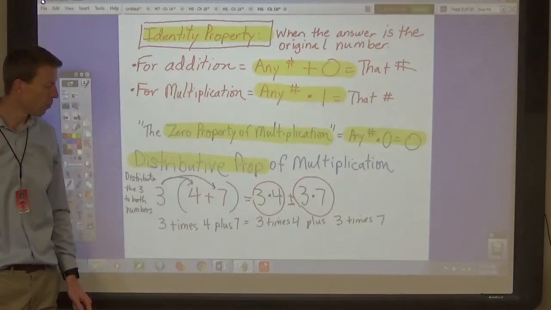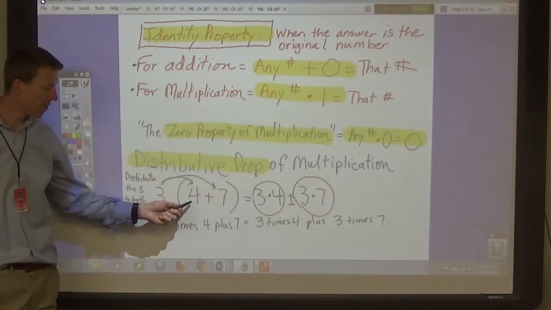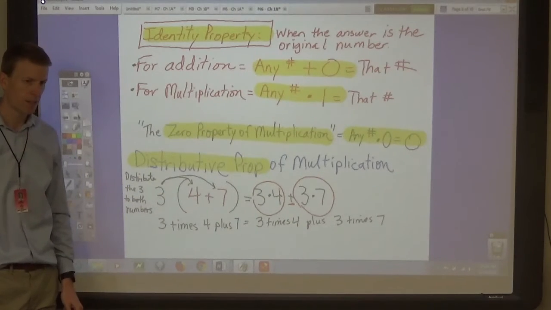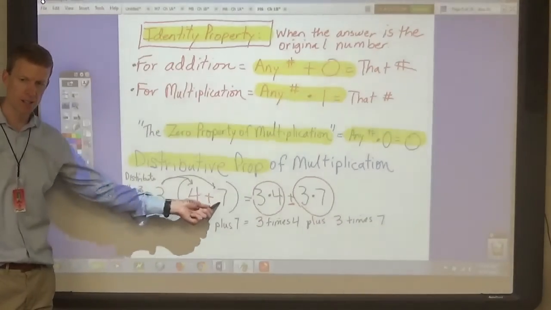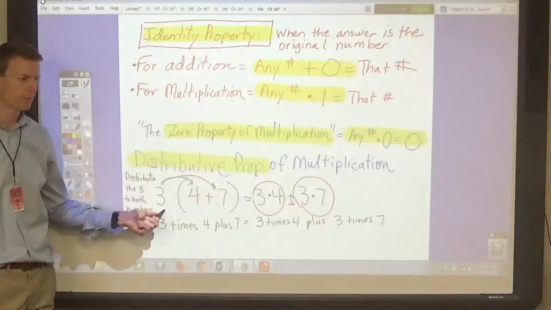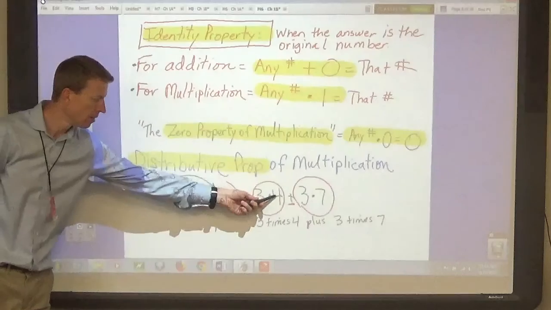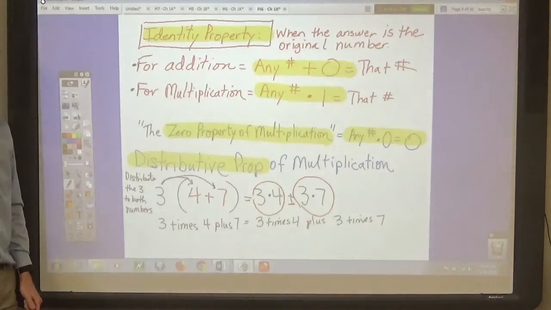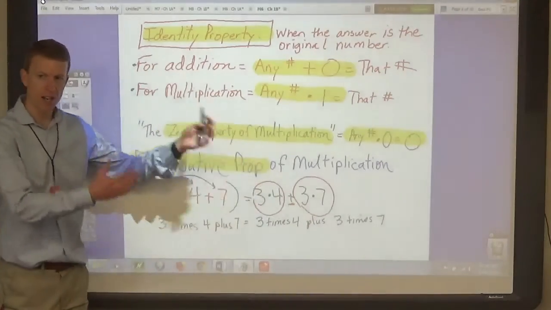So what this means is, if you have 4 plus 7, or if you have two numbers that are being added and then multiplied, you can multiply first and then add them, or you can do it the other way.